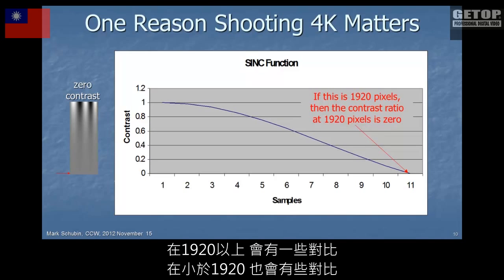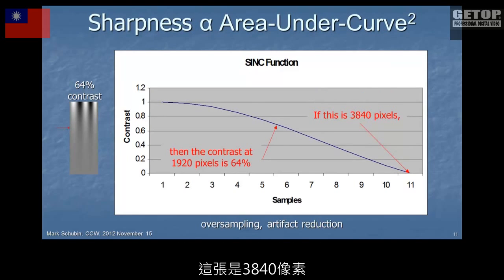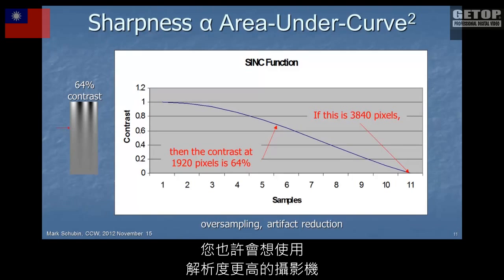You get a little bit of contrast above 1920, a little bit less than that, and eventually 100% contrast down at 0 resolution. Well, if this point is 3840 pixels, then the contrast at 1920 is 64%. So even to deliver HD TV, you might want to go to a higher resolution camera.